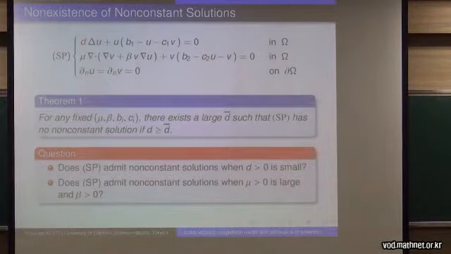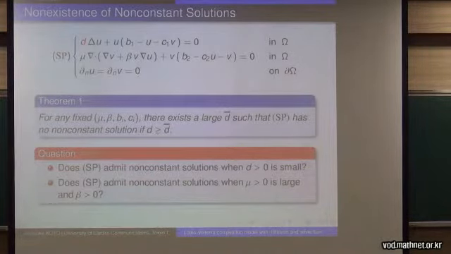But our problem contains such an advection term, so there is a possibility that the situation may change. Even when mu is very large, we can get a non-constant solution. These are natural questions. Against these two natural questions, I will give positive answers under some assumptions.